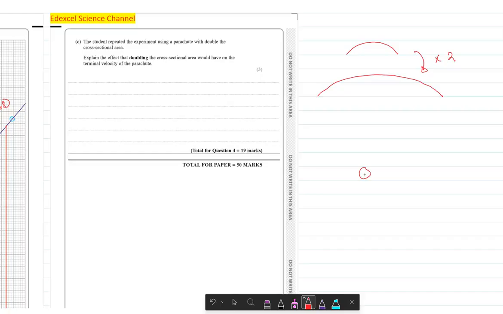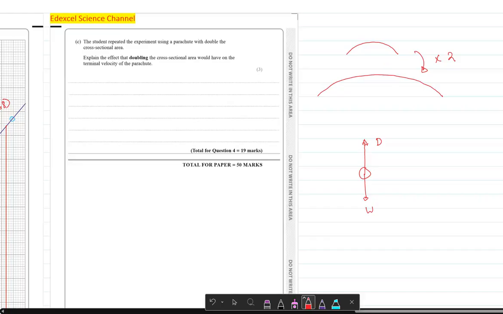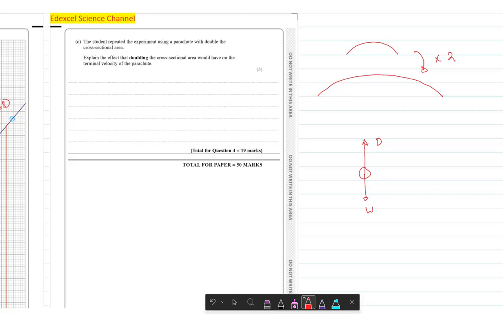So let's draw a free body force diagram. So there is weight which is acting down and there is drag. If your cross-sectional area is much greater now, then the drag will be so high that it will take far less time to reach terminal velocity. Therefore, your velocity will decrease. So that is what I'm going to write.